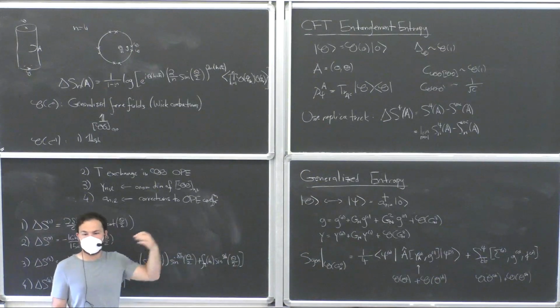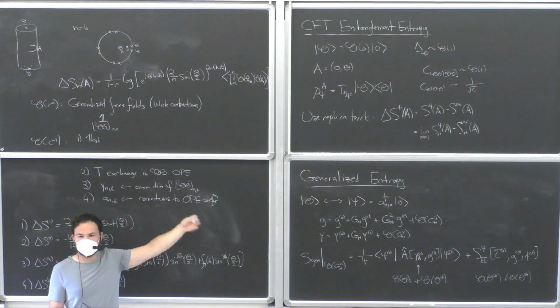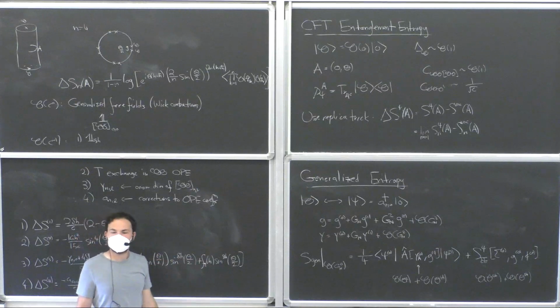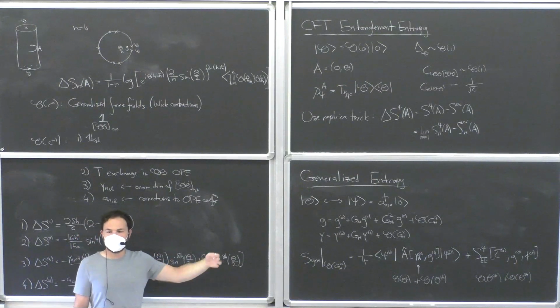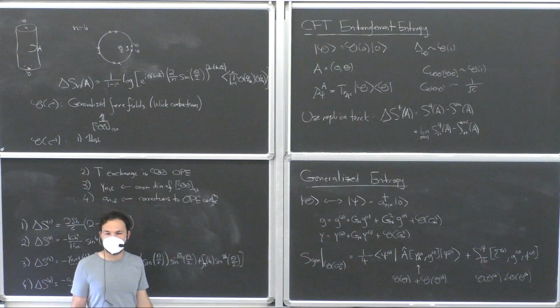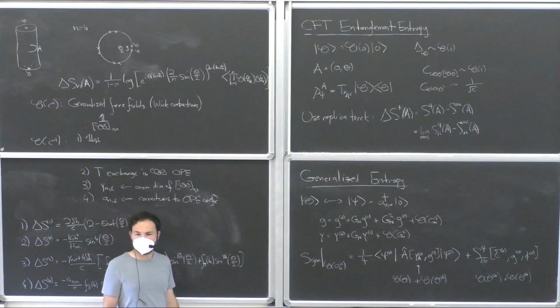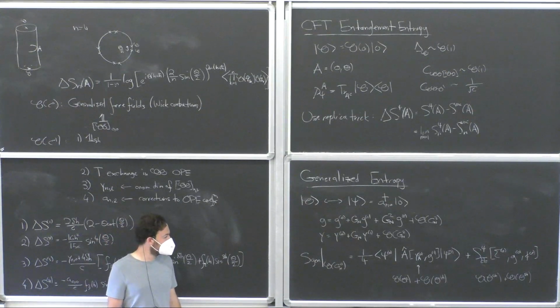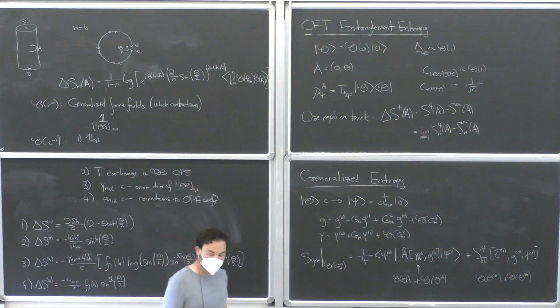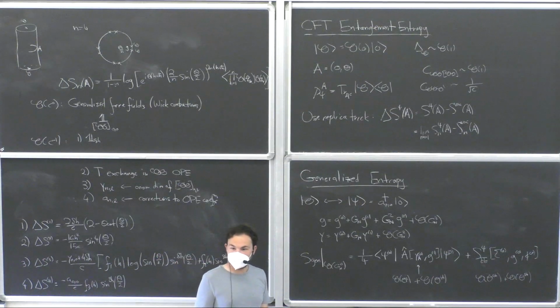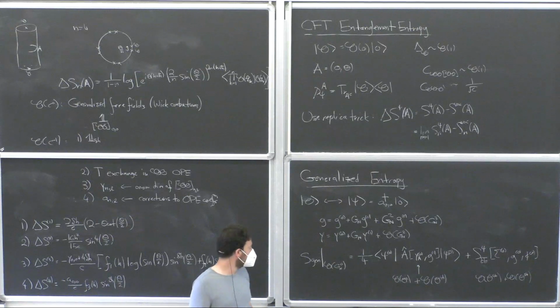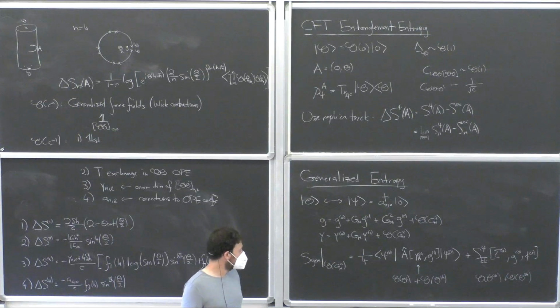It's the fact that you have to go order by order. I see. And you have to compute it in a new state now in order to properly back-react. Good. So if that's the case, maybe this is just notational. I'm a little confused as to why the area operator that appears in this expression is then the area operator with the perturbed metric, because I thought that psi naught was supposed to have a completely unperturbed metric.